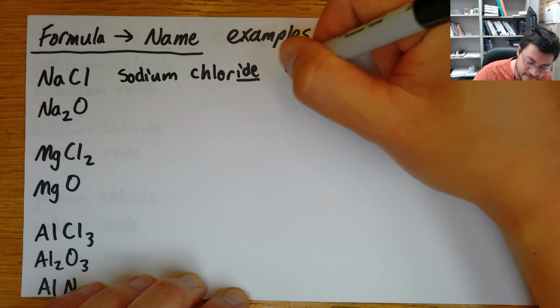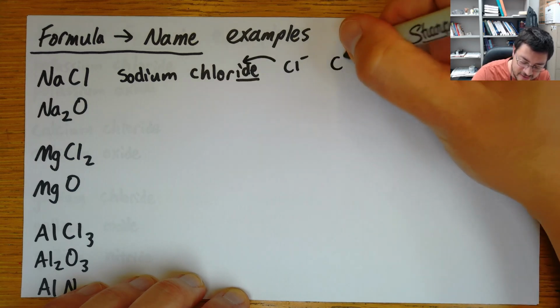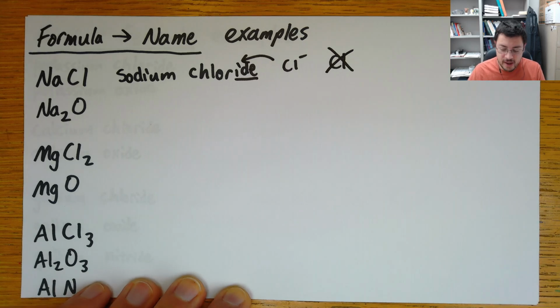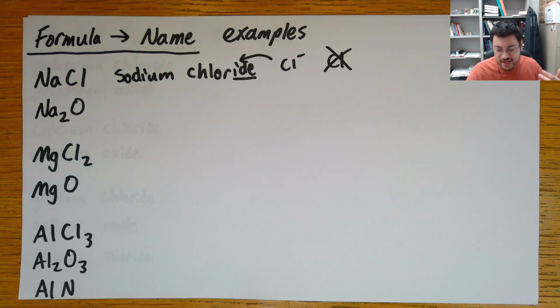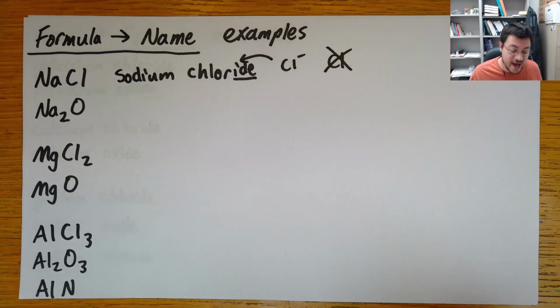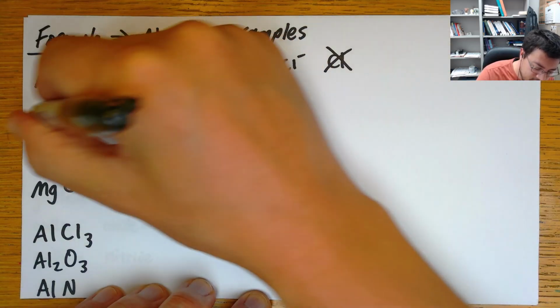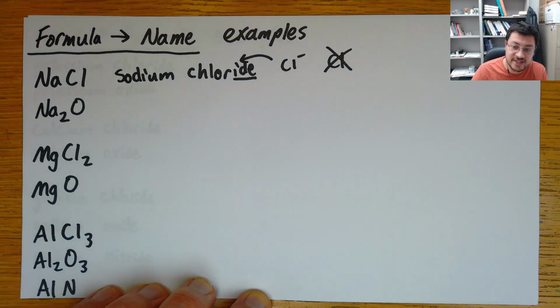If you say -ide, that means you have a Cl minus. You don't have a neutral chlorine. It's the minus version. Like chloride ions, you go get a blood test or something, they're measuring chloride in your body. They're measuring for that ion in your body. All right, sodium, and then O is oxygen. Instead of oxygen, we're going to say oxide.